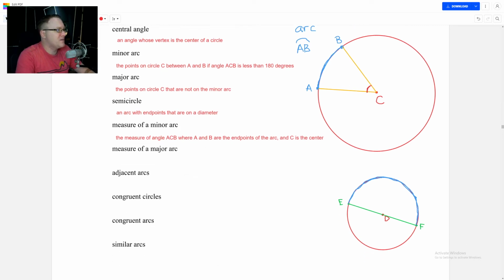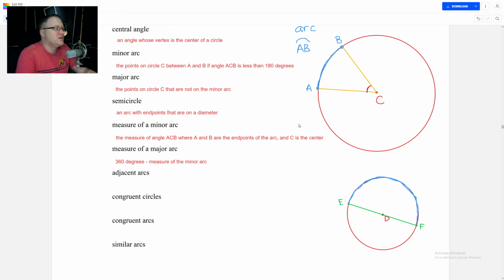Next, what is the measure of a major arc? Well, it's just going to be 360 degrees minus the measure of the minor arc. Remember, in a circle, to go from here all the way around is 360 degrees.